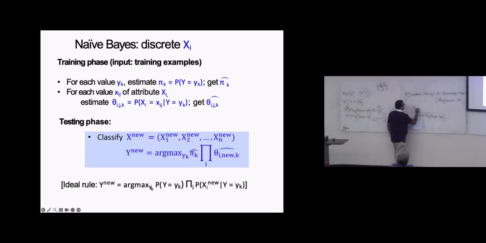The count of sunny, high, and yes. Okay, so we can compute the prior, we can compute for all combinations. You can see how many combinations we have to actually compute, but the point is you can compute it if there is enough data.